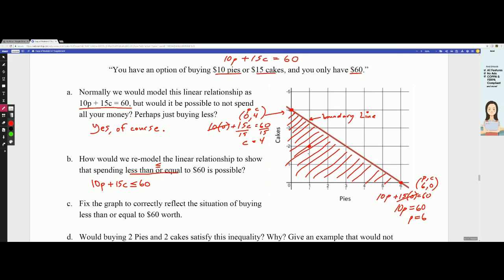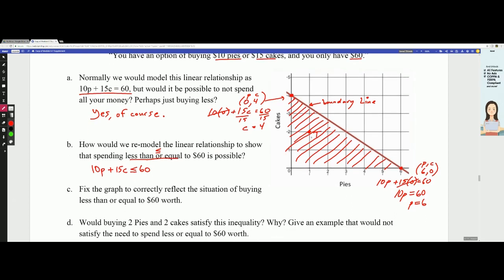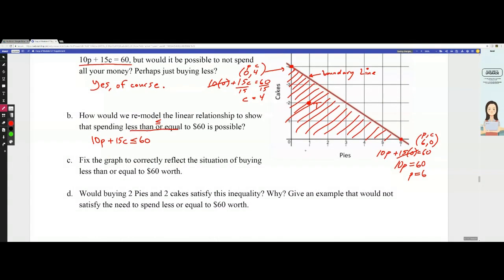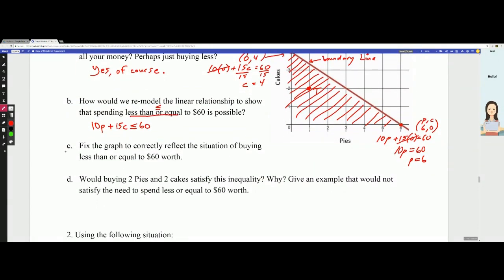After the whole shaded region, you would notice that any statement within the shaded region must be true. You can afford 1 pie and 2 cakes. That would be a true solution for that scenario. So we took care of part C.